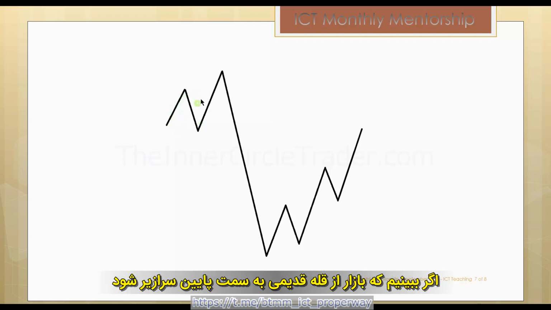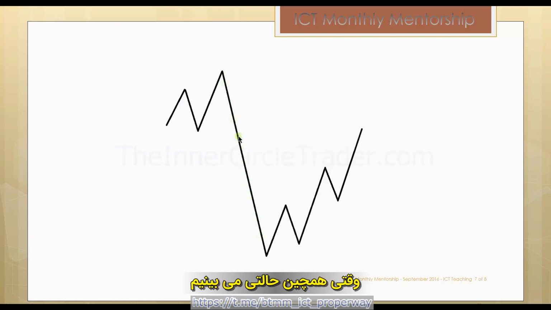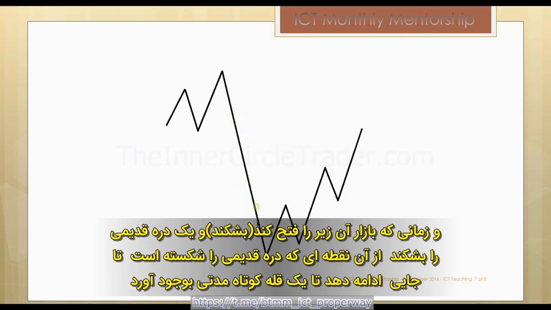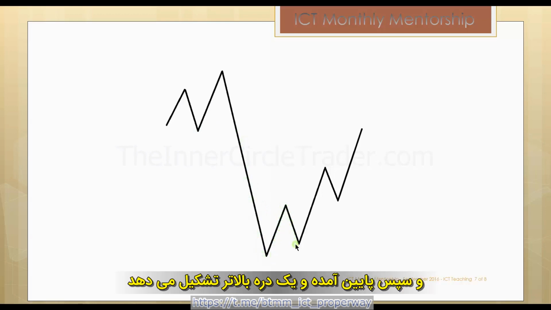If we see the market come off of an old high, okay, and it comes down rather quickly, if there is a very sharp or one-way type direction, very little retracements of any kind, when we see this, okay, once that market breaks below an old low, from that point at which it breaks the old low until it gets through a short-term high, in other words, the market comes down, makes a low here, starts to trade off, comes down, makes a higher low.